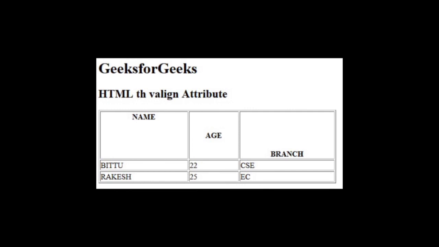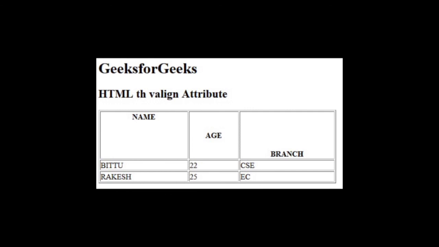This is very useful when text has to be aligned in case of row span. Now here you can see that the name is aligned at the top, age is aligned in the middle, and the branch is aligned at the bottom.